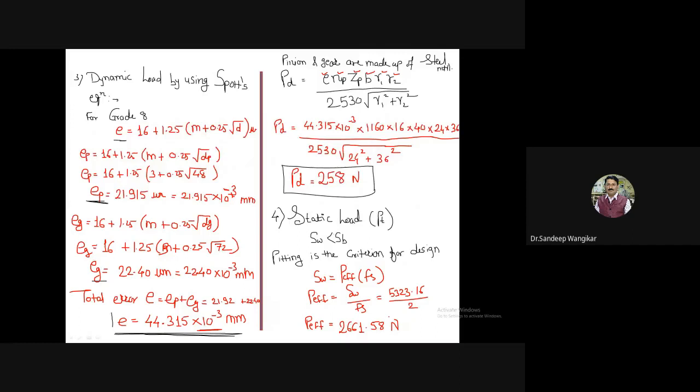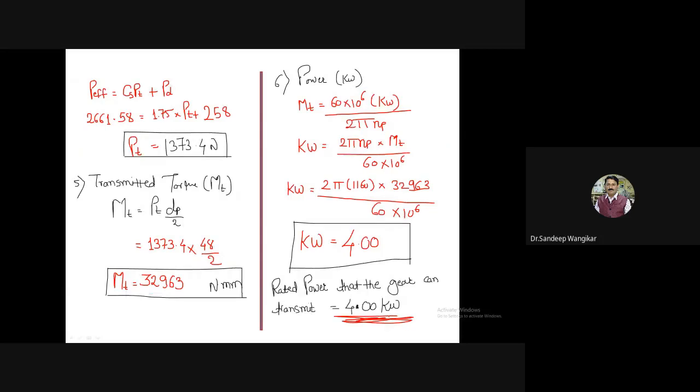Then we have calculated P effective is equal to SW by FS, the factor of safety given. We have the formula when calculating PD by dynamic load: P effective is equal to CS PT plus PD. P effective value we have calculated from wear strength. CS is given. In this way, we have calculated PT in this numerical. Then based on PT, we have calculated transmitted torque MT is equal to PT into dP by 2.